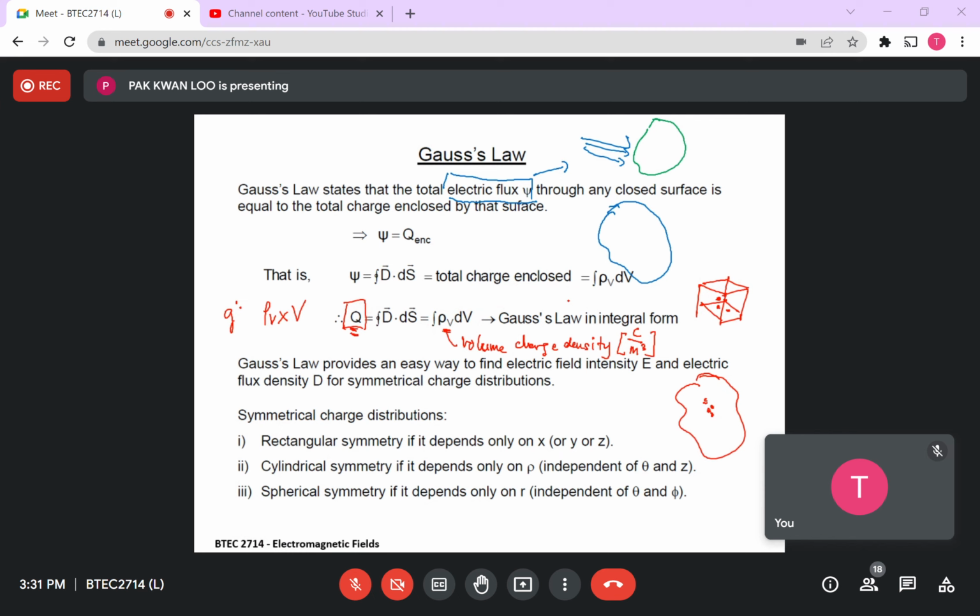If the charge distribution is not symmetrical and non-uniform, then we have to opt for a more general kind of solution, which is called the Laplace or Poisson equation.